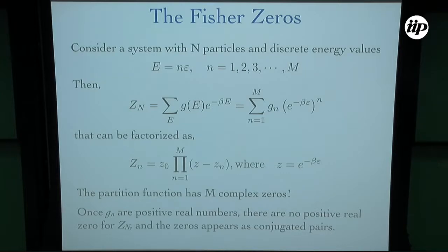Okay, so the entire idea of this method is based on the Fisher zeros, or the zeros of the partition function. If you have a system with discrete energy levels, you can write the partition function of the system as a polynomial.